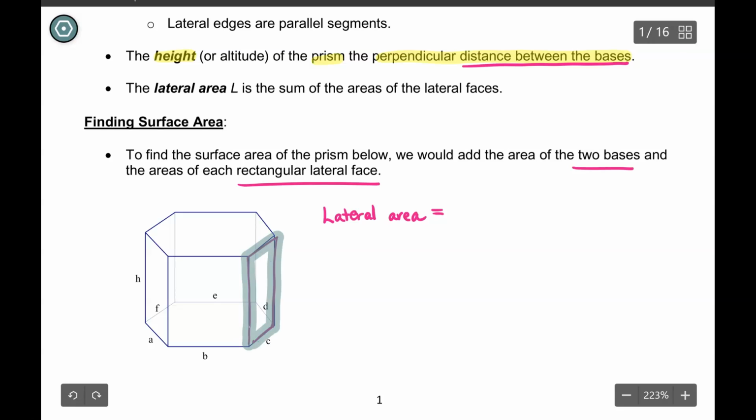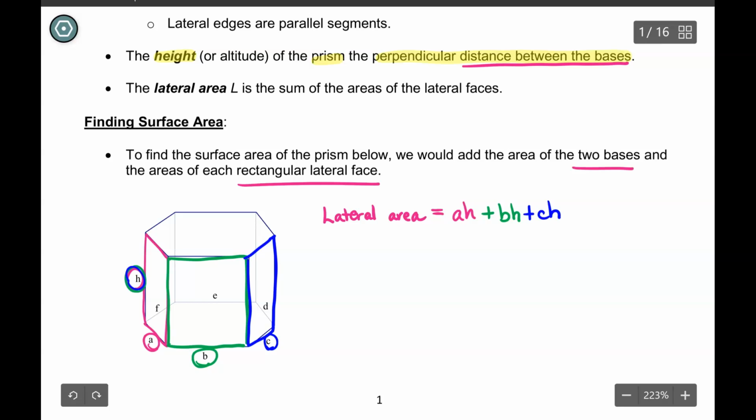If we look at each rectangle, for example, the area of this rectangle would be base times height, so that would be A times H. If we look at this rectangle, the area would be base times the height. And the next rectangle would be base times the height, and so on.